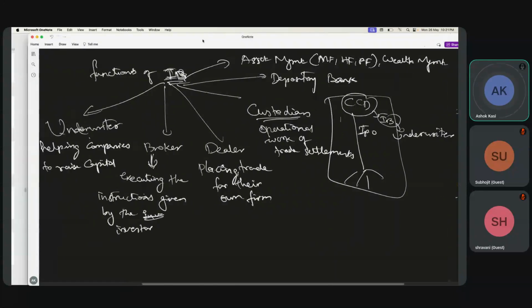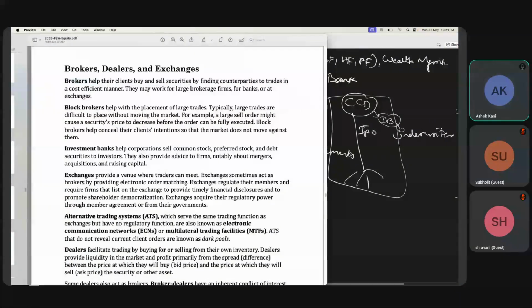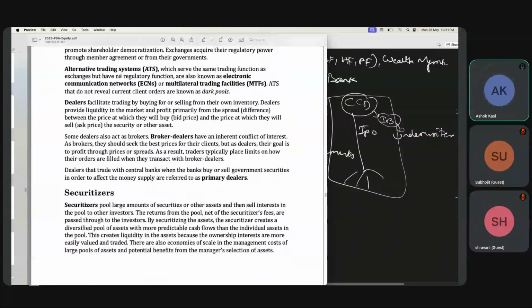Okay, then exchanges means stock exchanges. Then alternative trading systems, which serve the same trading functions as exchanges, but they do not have any regulatory function. No regulatory function. Okay, also known as electronic communication network. So this is basically for those companies which are not fitting into the norm of getting listed.